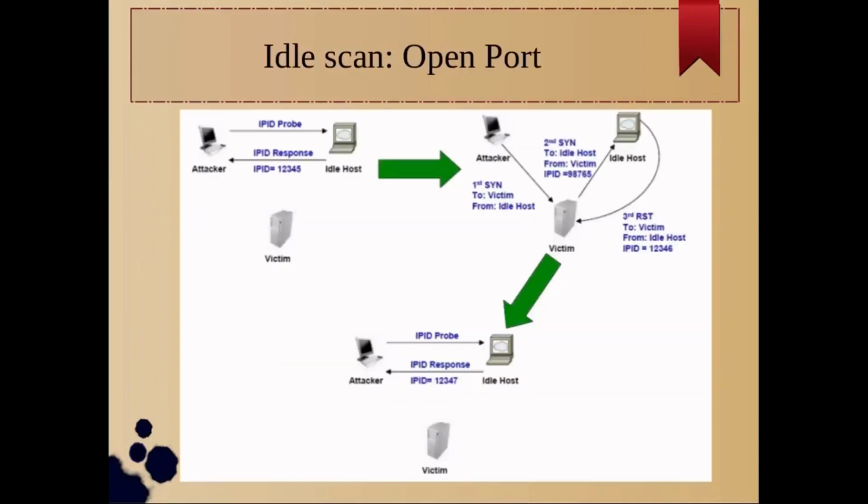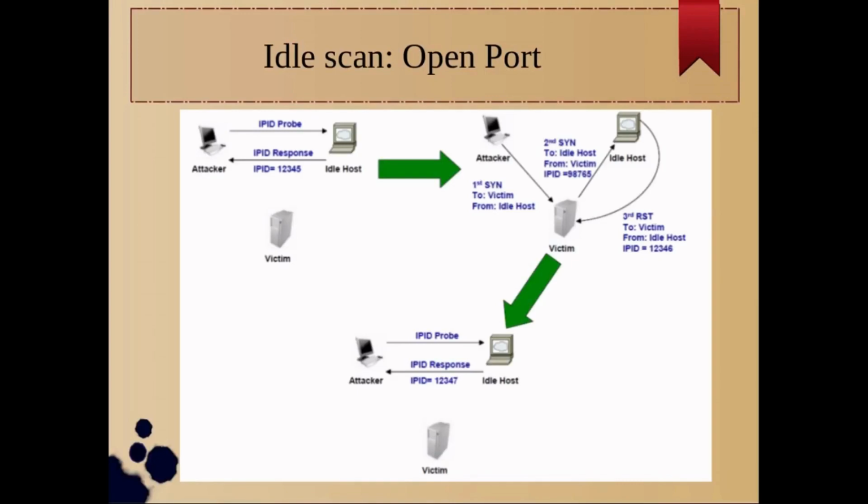The idle scan is something in which we use a third system, and using that system we do the vulnerability scanning. All the previous scanning techniques were implemented between two systems, the attacker and the victim, but here we have a third idle host from the victim's network.